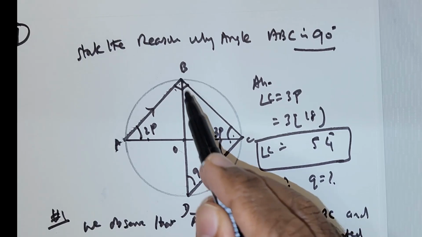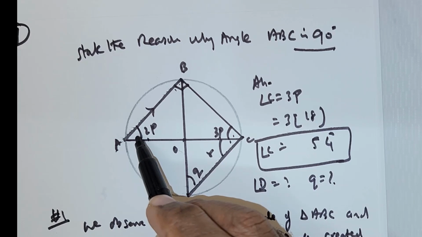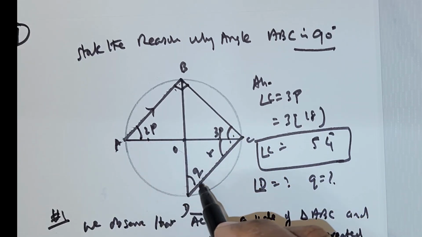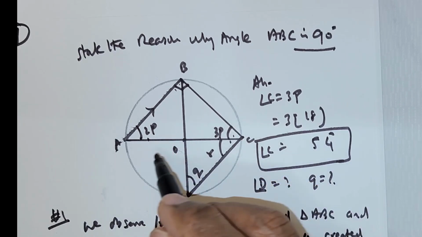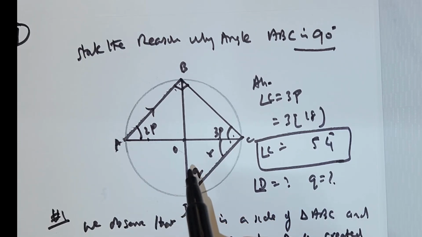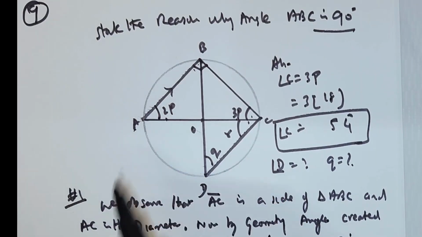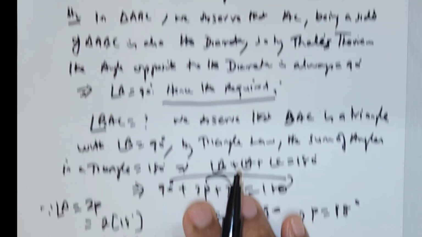That is to state that if the chord BC is creating this angle, say 36 degrees, then if this chord BC creates multiple angles within the circle, then all of these angles created by this particular chord will be 36 degrees only. I'm going to use that same logic, and I'm going to state that the angle Q is also equal to the angle at A. So clearly we see that the angle at A is 36 degrees. So that would be the conclusion for Q.